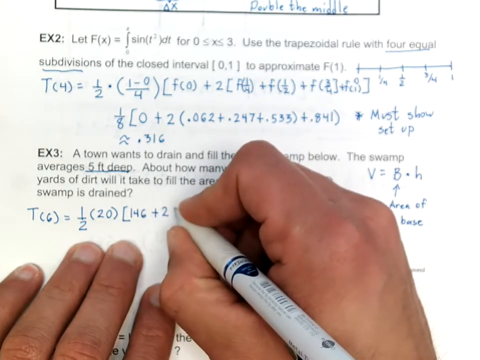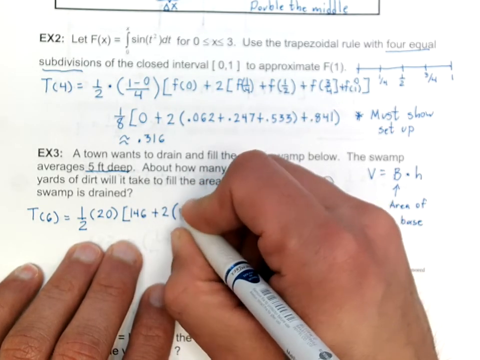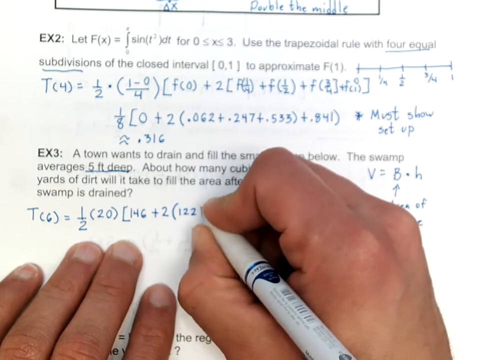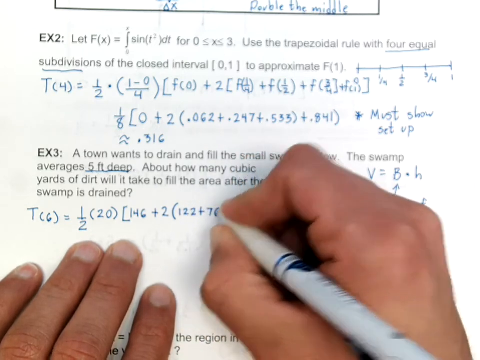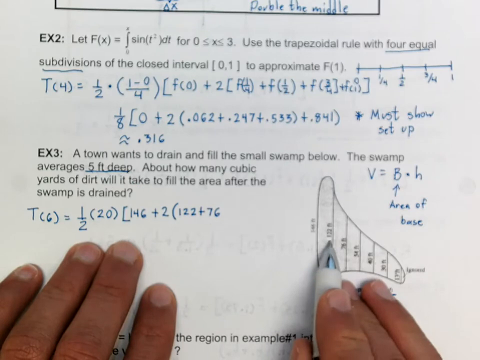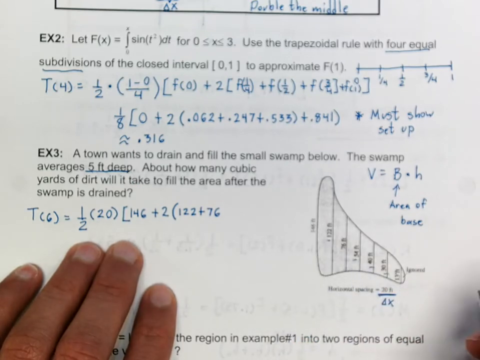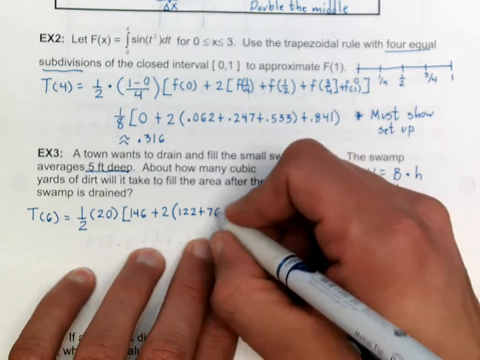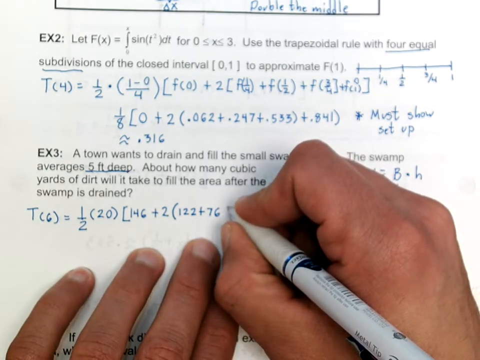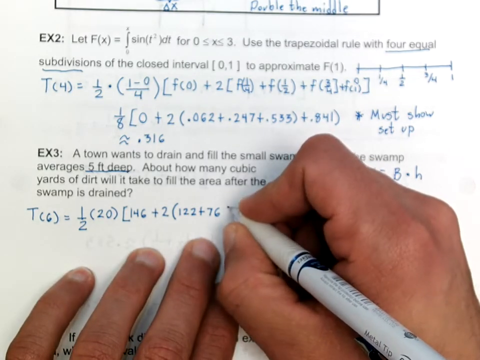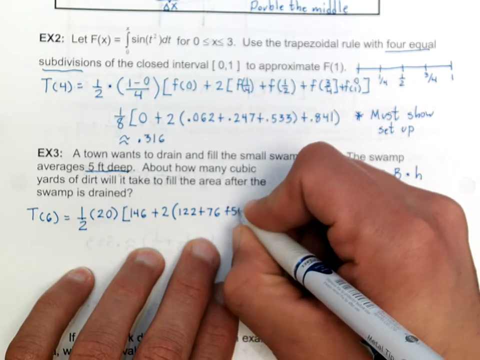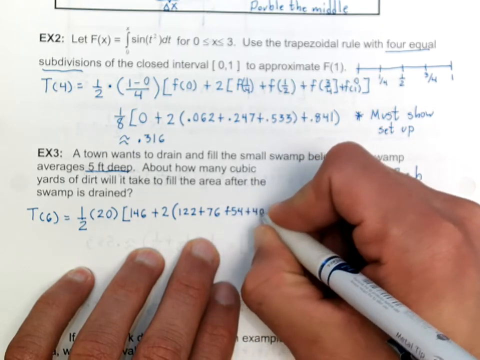All of the middle terms are going to have a 2, so I'm going to multiply all those times 2. And again, remember, I'm getting 122, 76 from here. See, 122, 76, 54, 40, 30. That's where I'm getting those from. So plus 54, plus 40, plus 30.